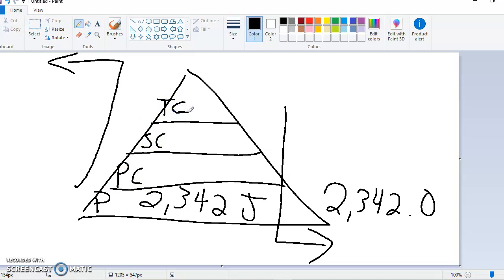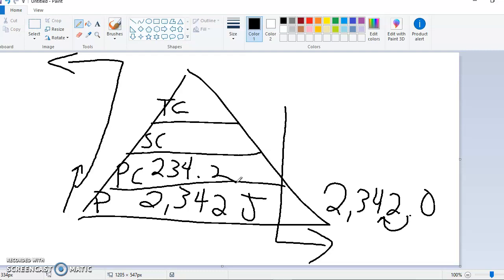So you are going to need to go up the food pyramid, which means your decimal is going to need to move to the left. Now your number for primary consumers is going to be 234.2. All I did was move that decimal over one time because I went up one level.